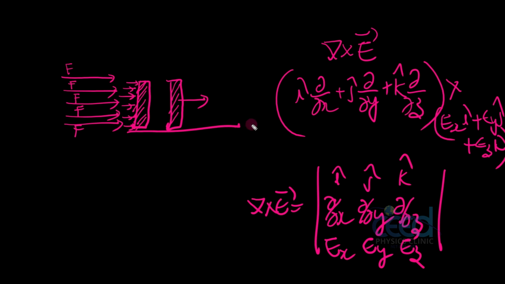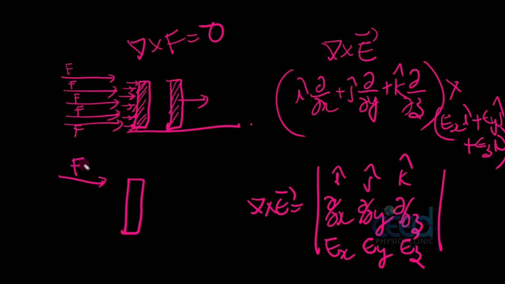Curl means there is a rotation. If there is no curl, it will not rotate. That means del cross F is equal to 0, so it is not rotating. Now suppose you are giving a varying field. Suppose you have a stick again, and you apply more force here, F1, and here you apply F2 at this edge.